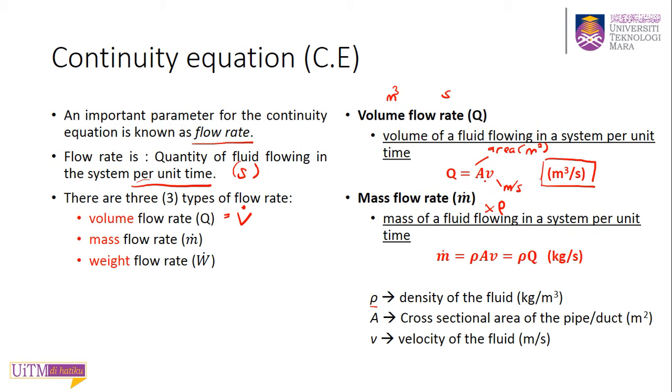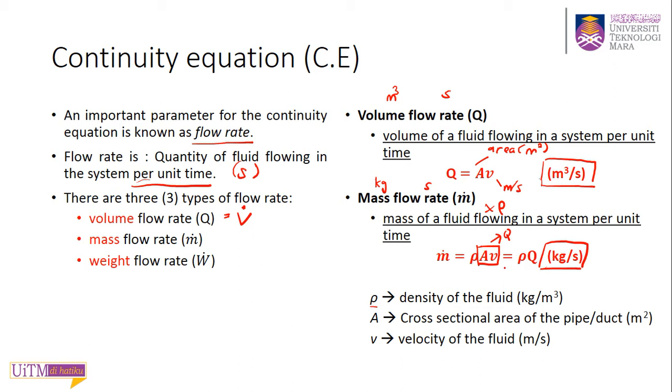So density times area times velocity will give you your mass flow rate. As the name tells you, mass is in kg, and flow rate is per second, so the mass flow rate unit is kilogram per second. So rho times A times V, or if the question already gave you the volume flow rate, remember this A times V is also equal to Q.